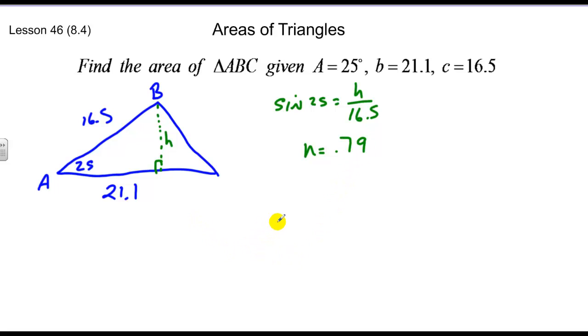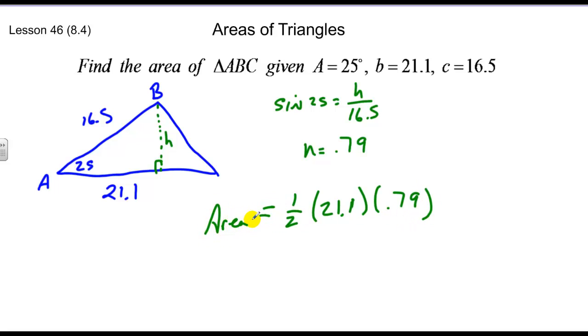And then I want to find the area of the triangle, so I go 1/2 the base, which is 21.1, times the height, which is 0.79. That's my area, which gives me roughly 8.33 square units.